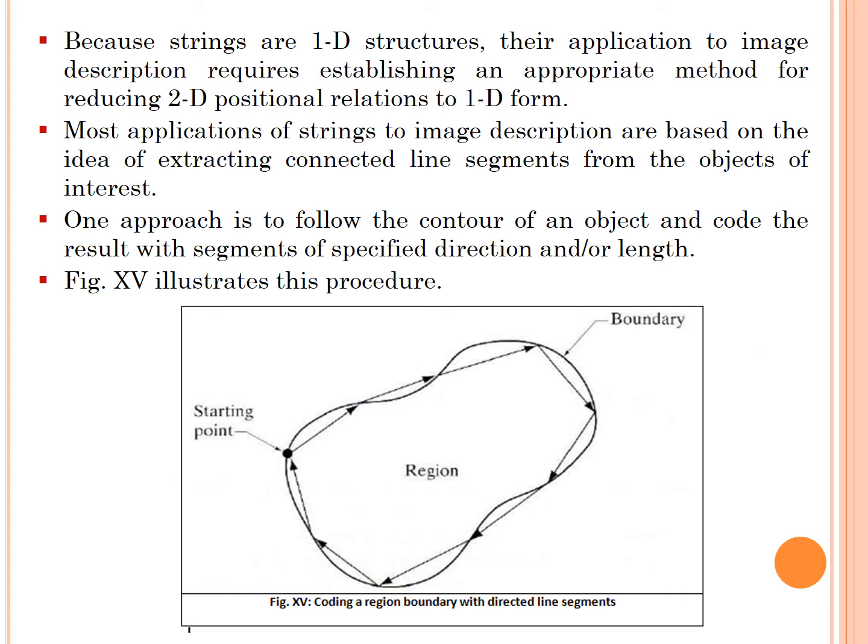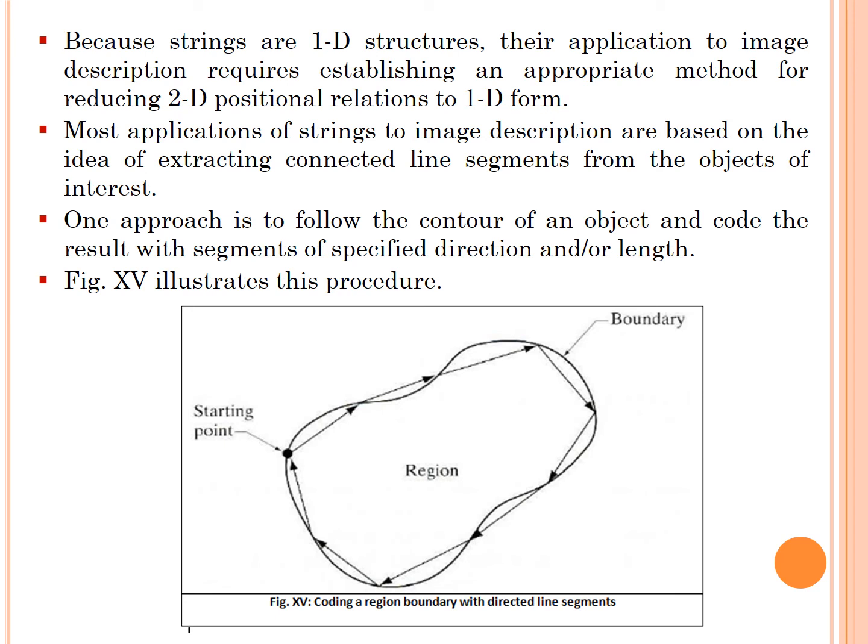Because strings are one-dimensional structures, their application to image description requires establishing an appropriate method for reducing two-dimensional positional relations to one-dimensional form. Most applications of strings to image description are based on the idea of extracting connected line segments from the objects of interest.